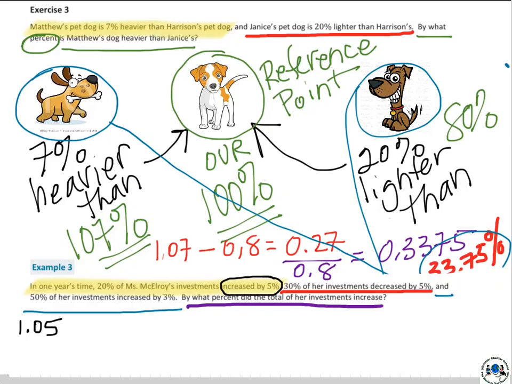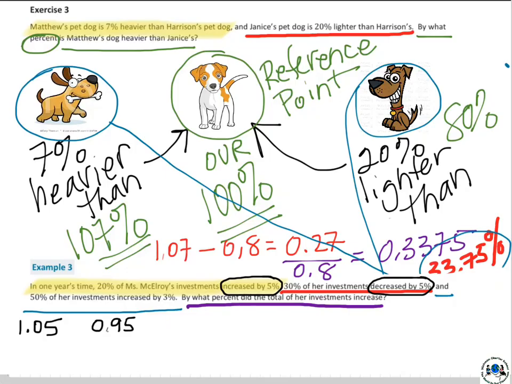Because we have an increase of 5%, and if you remember in past lessons, when we have an increase of 5%, it can't just be written as 5% or 0.05, simply because we have to account for, of course, the 100%, which is that whole. Okay, so I have 1.05. What am I going to multiply it by? Well, actually, no, I'm not doing that yet. I'm sorry.